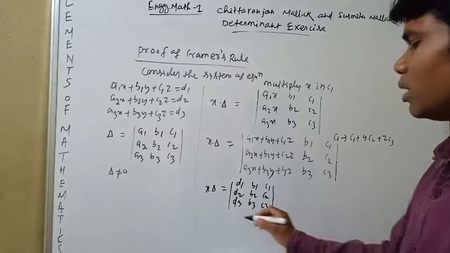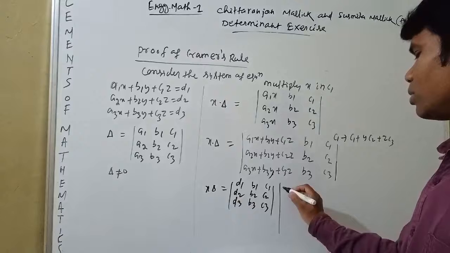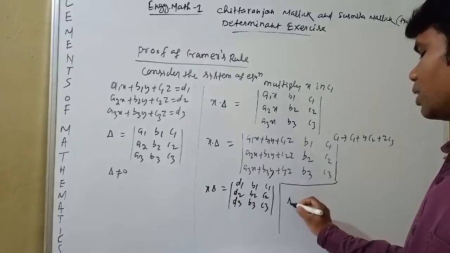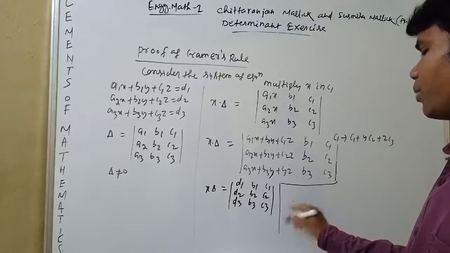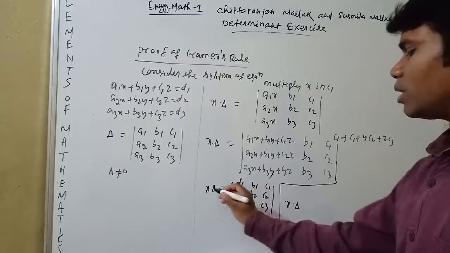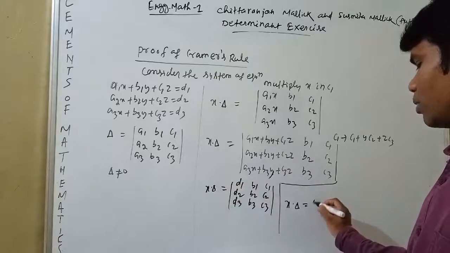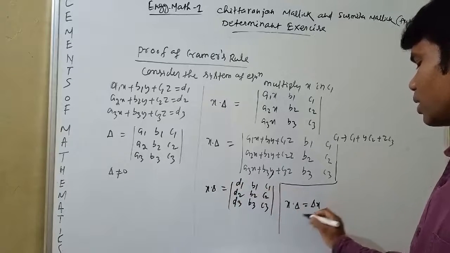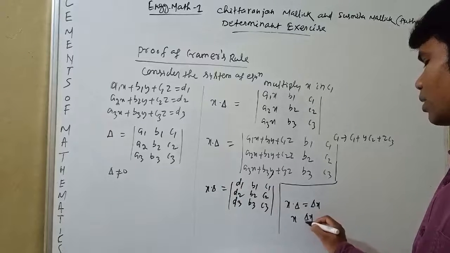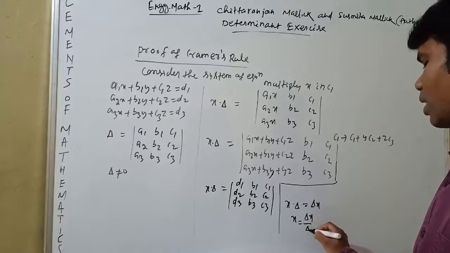So x into del is equal to del x. X is equal to del x by del.